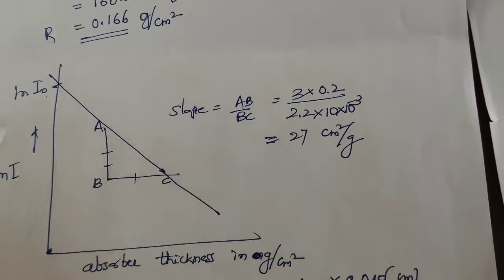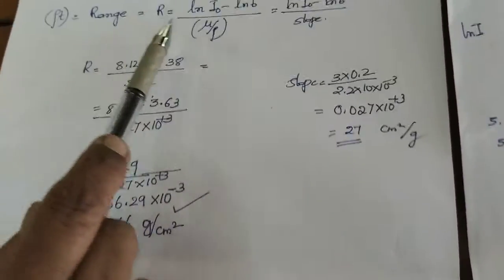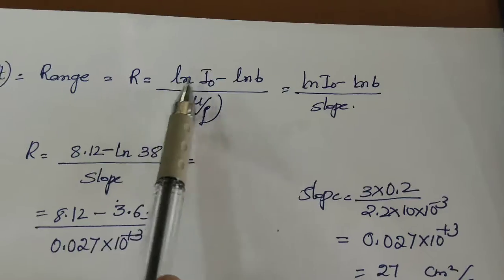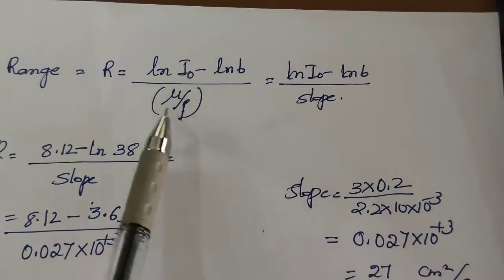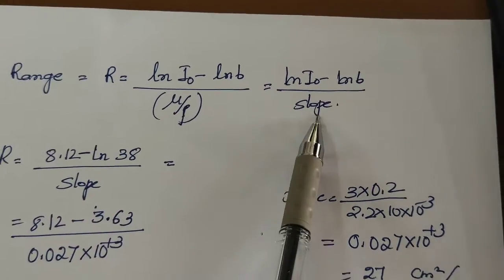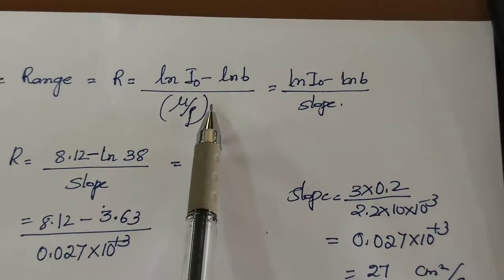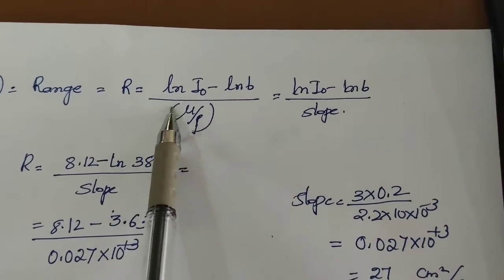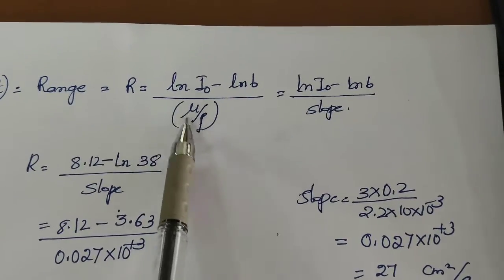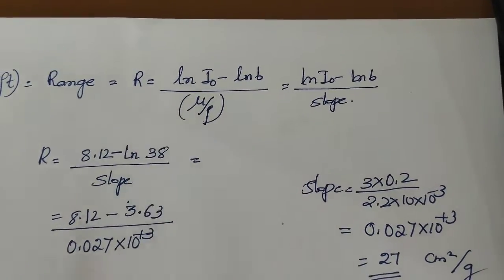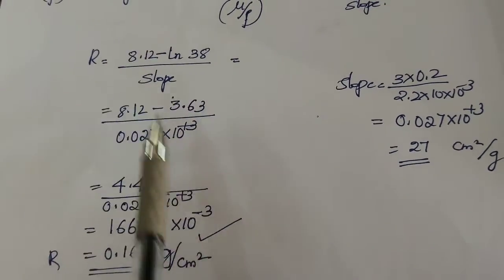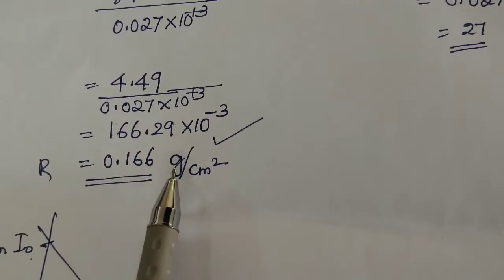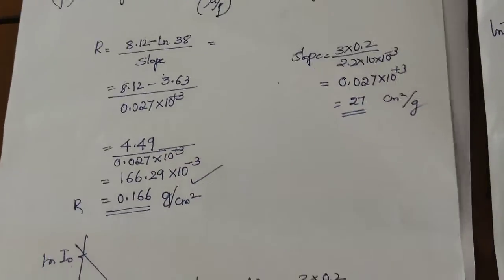It's the value we have obtained, and from this formula you can calculate: log of I naught is the intercept, log of B is the background count, and mu by rho is the slope. This is also known as the attenuation constant, the linear attenuation value of the aluminum absorber. By calculating, we are getting 0.166 gram per centimeter square.